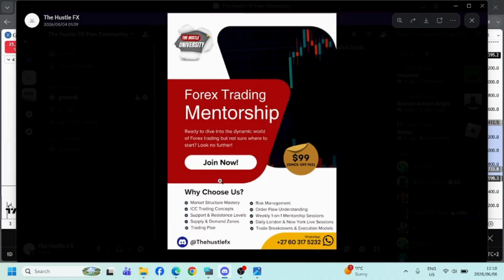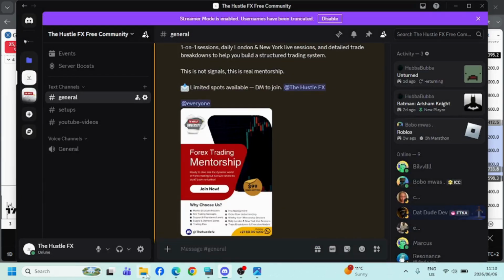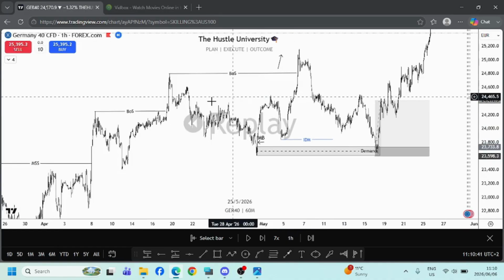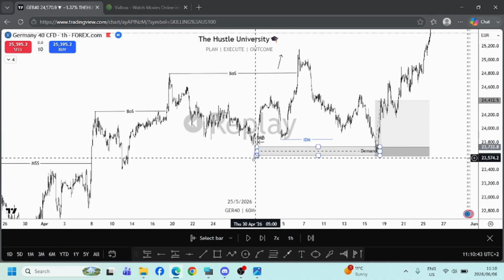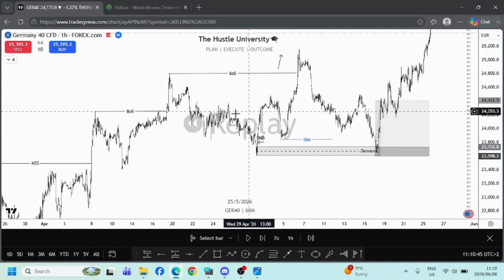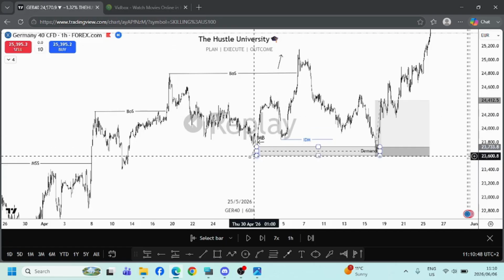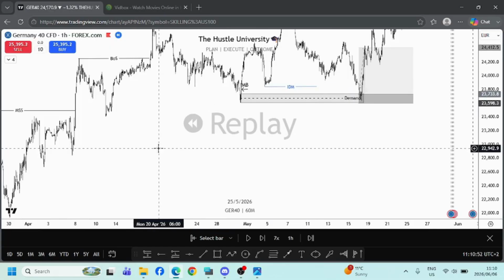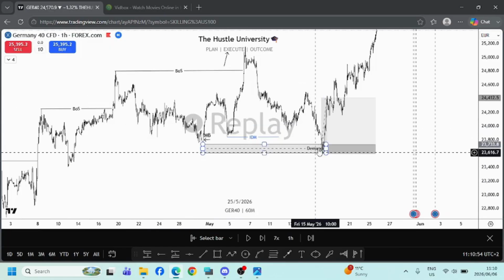We teach the entries and models. You can come to learn with us market structure and ICC, and the confluences that I add on ICC. I know everybody's used to the traditional ICC entries: indication, price to correct, and eventually once price gets above, you can put your stop loss below the high low and eventually buy price to the upside. But what about instances where price comes all the way to this kind of extreme?